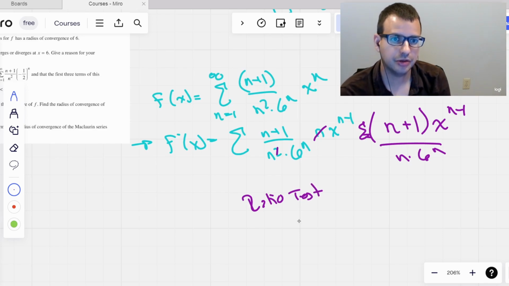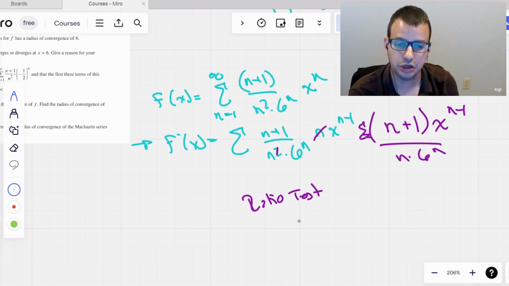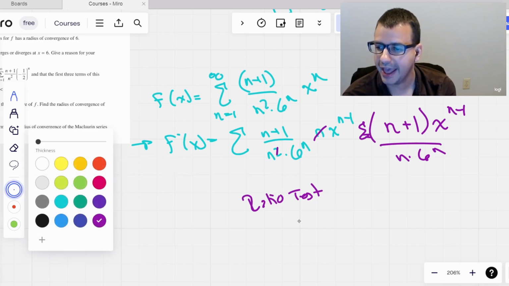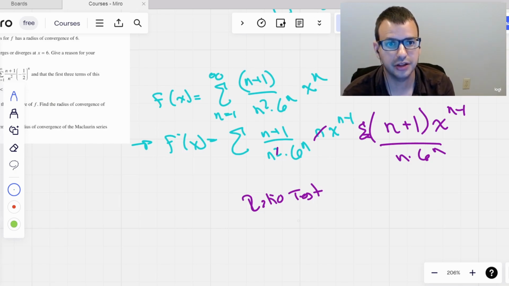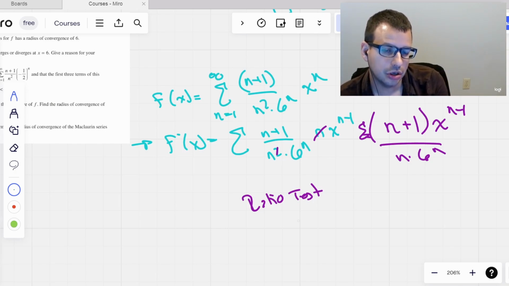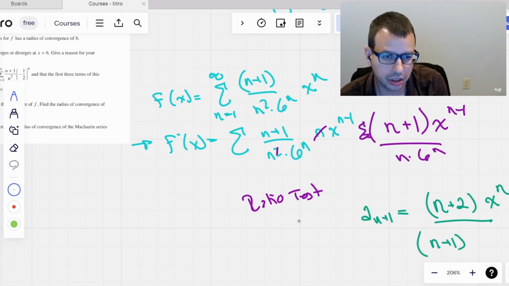And the idea behind the ratio test is you take the next term divided by the current term, and take that limit to infinity, and if that gives you less than 1, then converge. So a sub n plus 1 is going to be n plus 2 x to the n all over n plus 1 6 to the n plus 1.